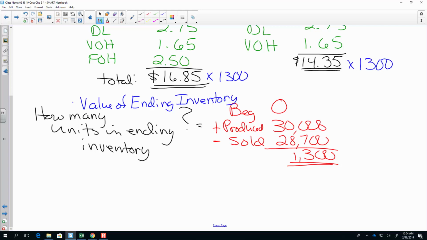So if I multiply those out, Michelle, can you give me the absorption amount? 21,905. So this is the value of ending inventory. And can you give me the other one for variable? $18,655.